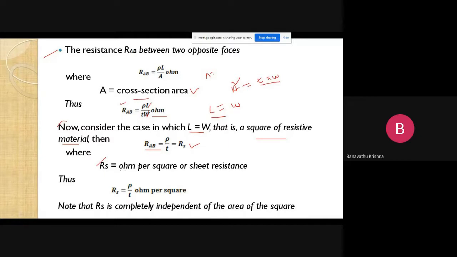So the unit of sheet resistance is ohm, in the form of a square, because L equals W. That's why RS is ohms per square, or simply called sheet resistance. Thus RS is rho by T, in ohms per square. Note that RS is completely independent of the area of the square.